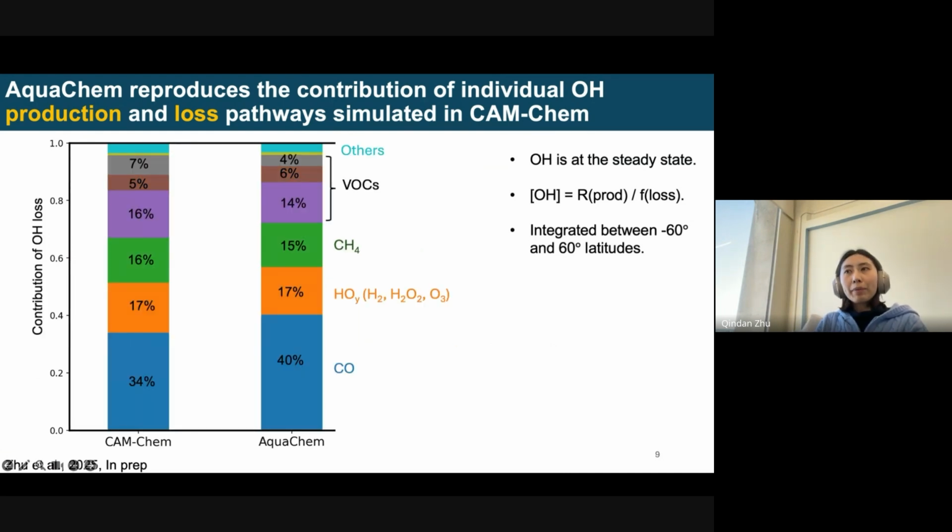We also examine the contribution of these individual OH loss pathways, and from the bottom to the top, it shows the OH losses through the reaction with CO, different HOx species, methane, and multiple VOC reactions. And we show that even though AquaChem tends to simulate a higher contribution of the OH losses from CO and underestimate the contribution of the OH losses from the VOC species, it is able to reproduce these rankings of the relative importance of these individual OH loss pathways.